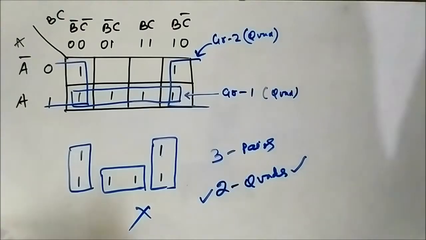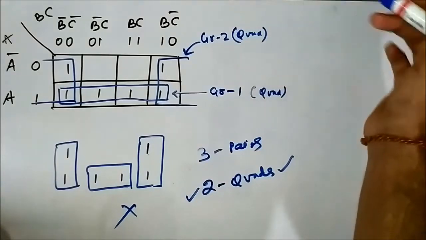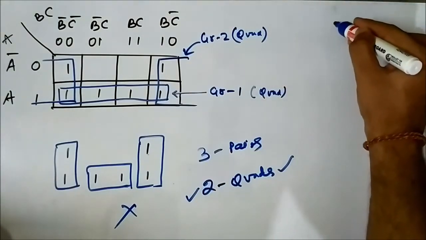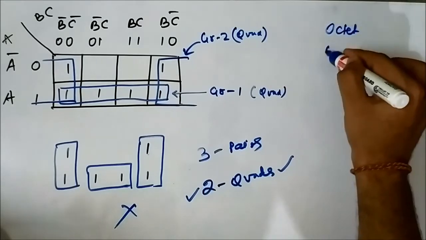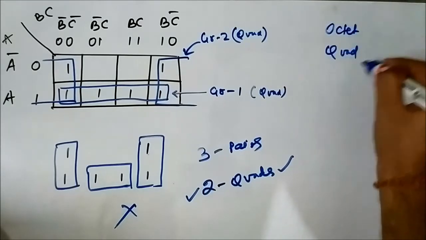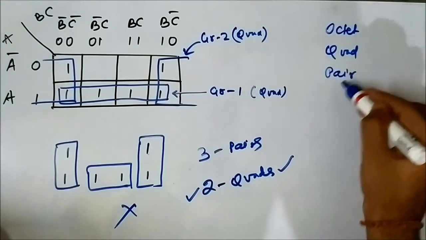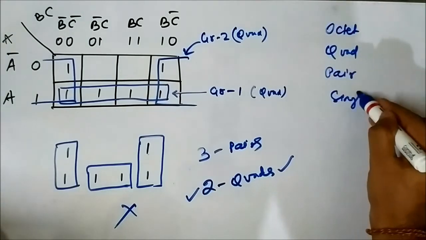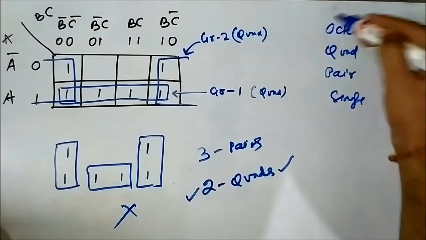Always remember, when it comes to formation of groups, the priority is like this: octet first, after that quad, then pair, then single. Highest priority is given to a larger group.